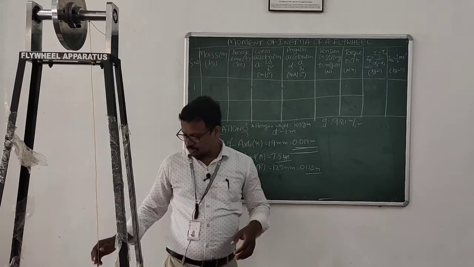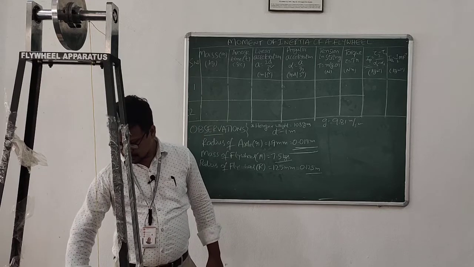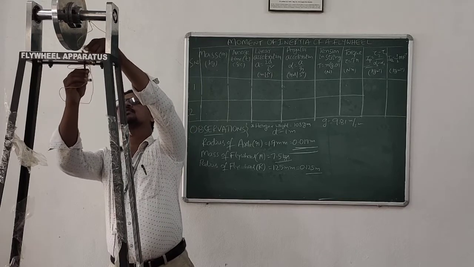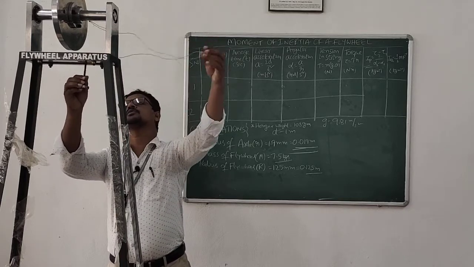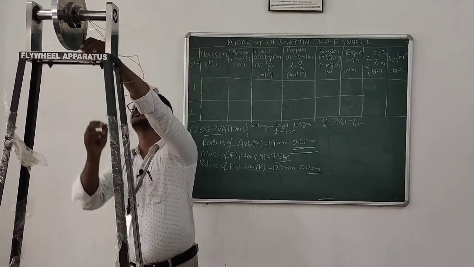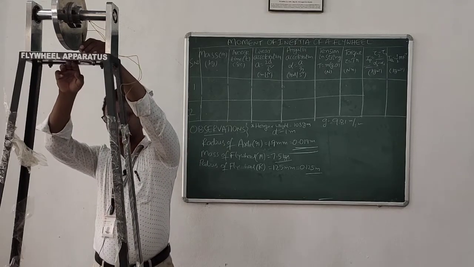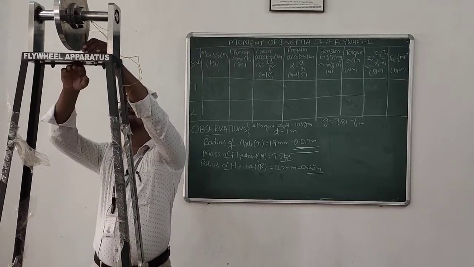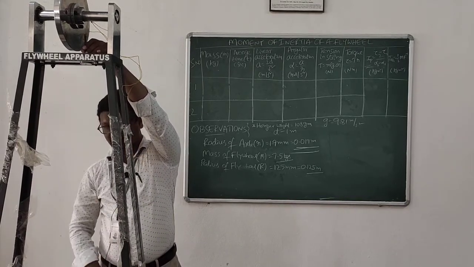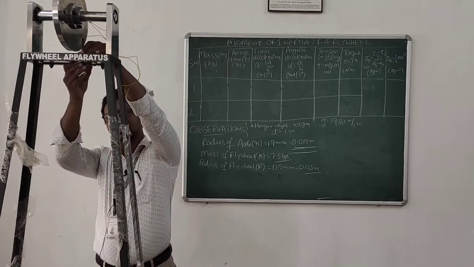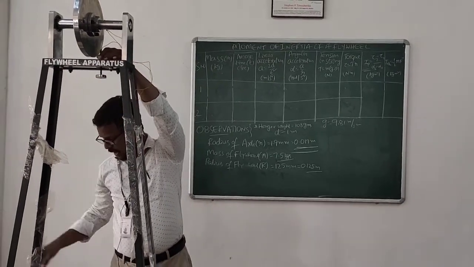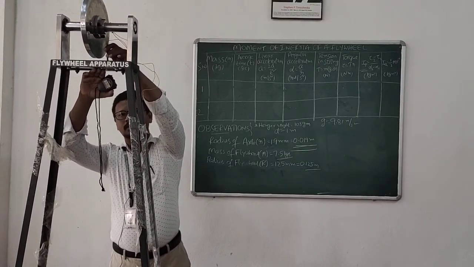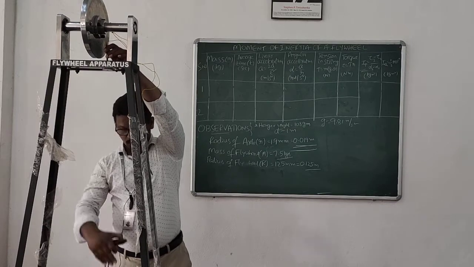So coming to the second one, that is average time, T. Here we are measuring how much time it takes for the load hanger to fall from this plate to the floor. The distance from the reference plate to the floor is 1 meter, denoted by small d. Using a stopwatch, we measure how much time it takes to travel from here to the floor.